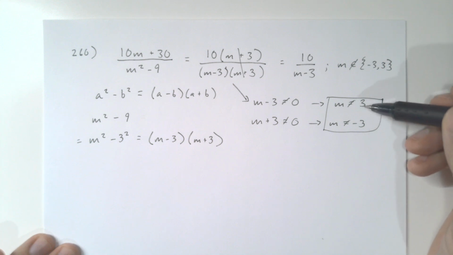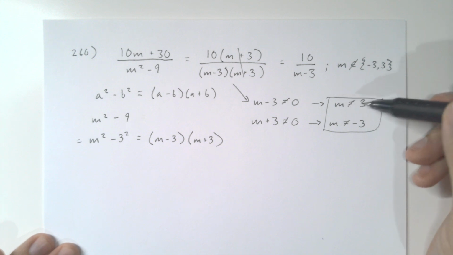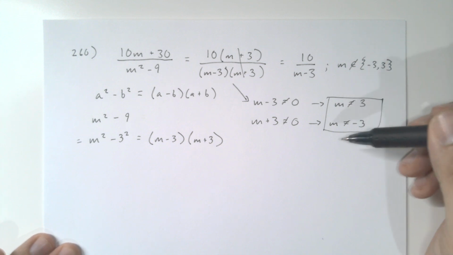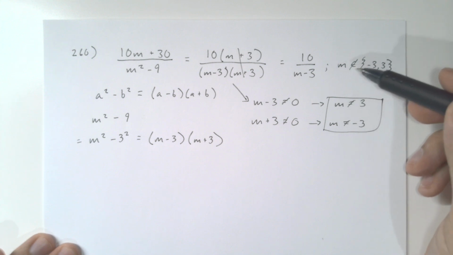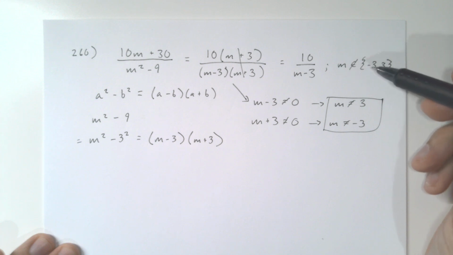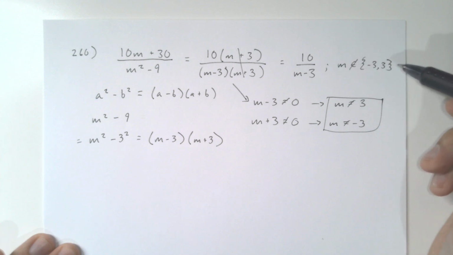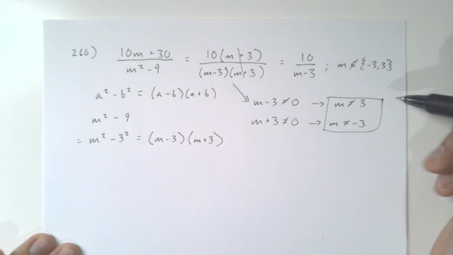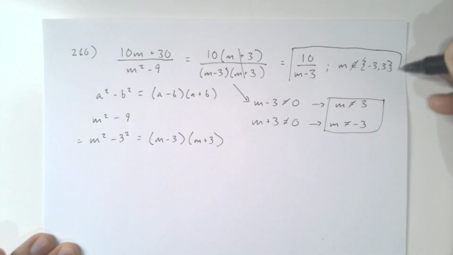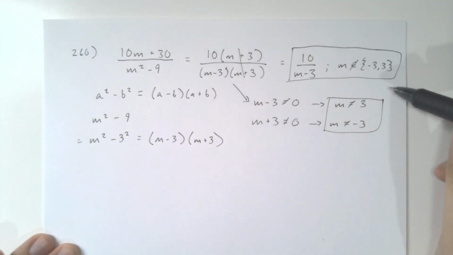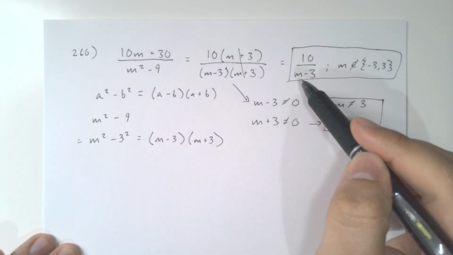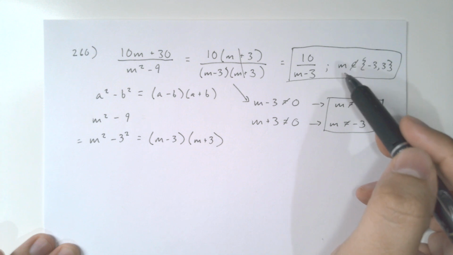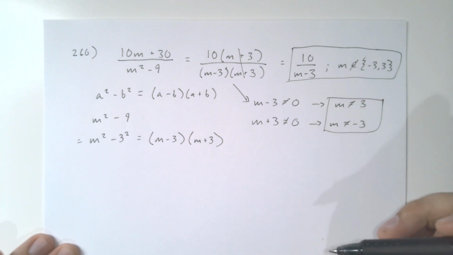It may be kind of tedious to write out, well, m can't be equal to this, m can't be equal to that, and list off a bunch of other things. With this notation, m is not an element of, and then listing a set of all those numbers, it's a more compact way of writing the same idea. So we just have that all of this is equal to 10 over m minus 3, with the condition that m can't be equal to negative 3 or 3.